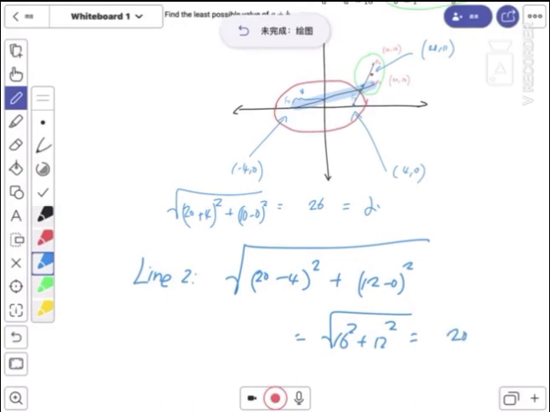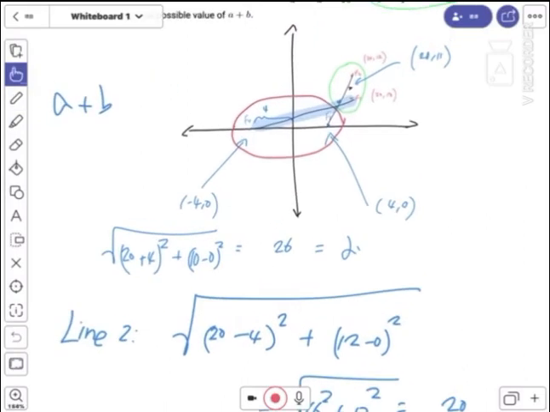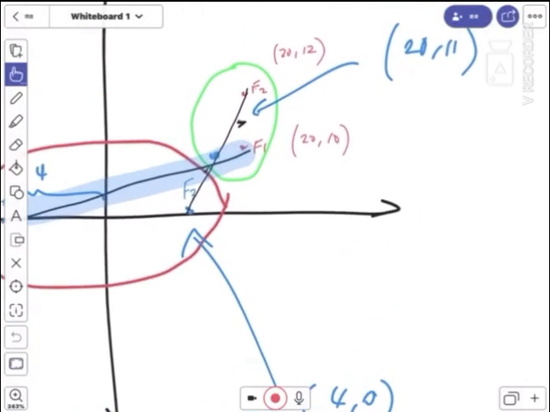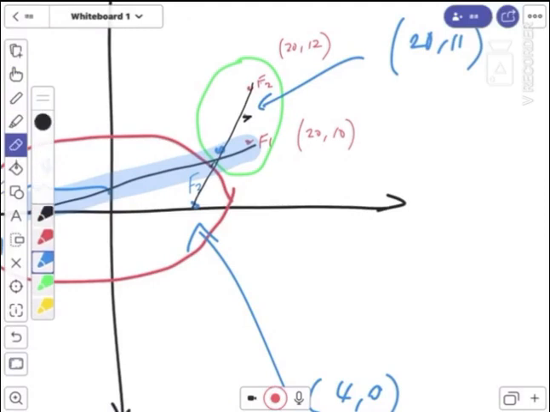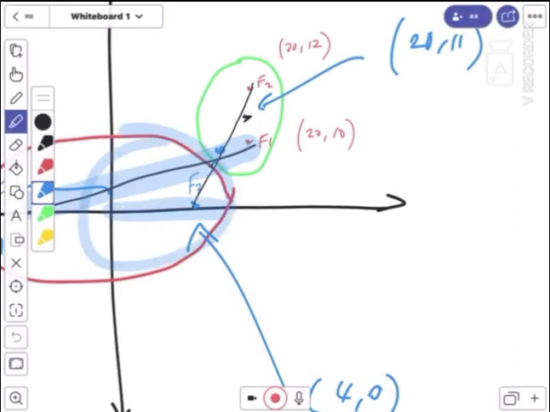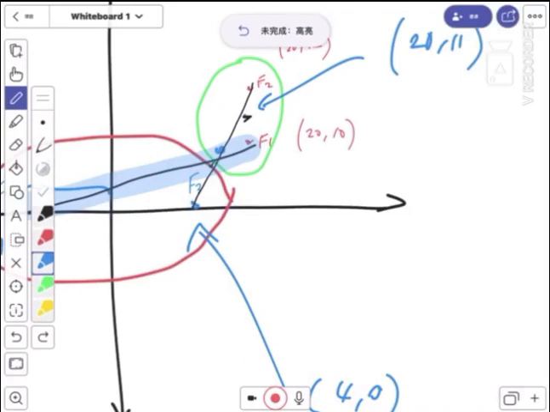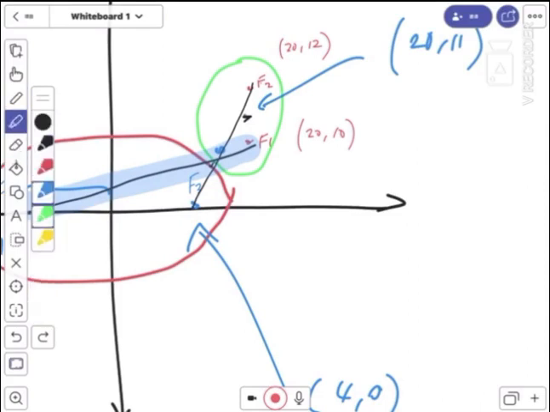And now we need A plus B, so what is A and what is B? Let's recall that again. A is the major axis of this ellipse, and B is the major axis of the green ellipse.